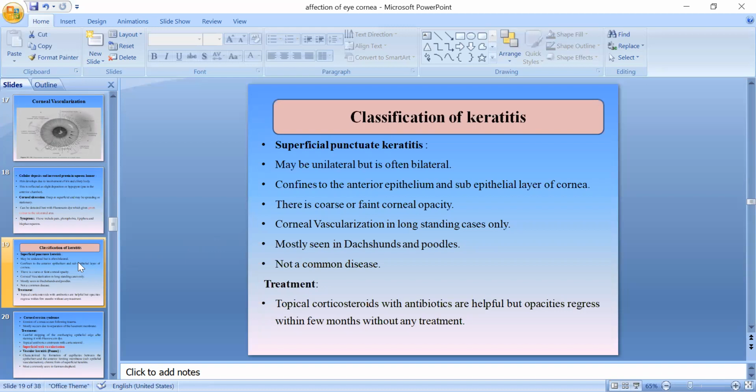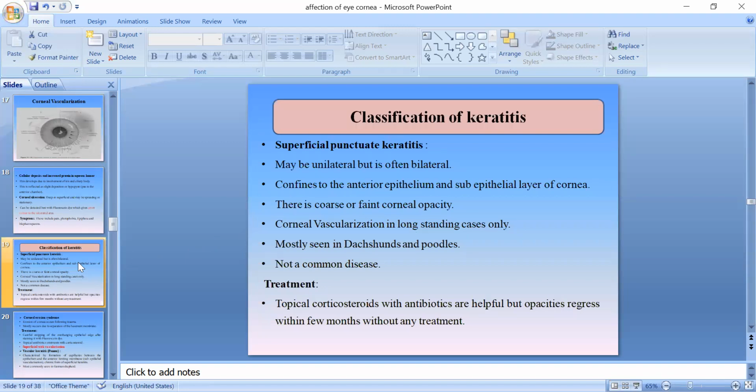Classification of keratitis, right? Superficial punctate keratitis may be unilateral but often bilateral, confined to the anterior epithelium and subepithelial layer of the cornea.